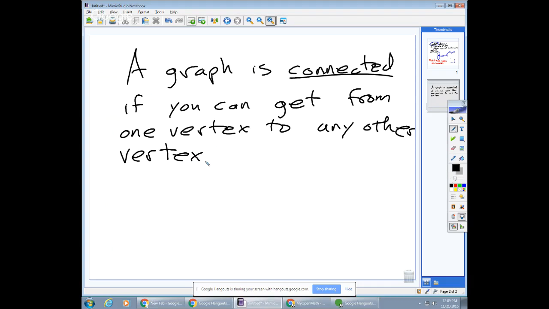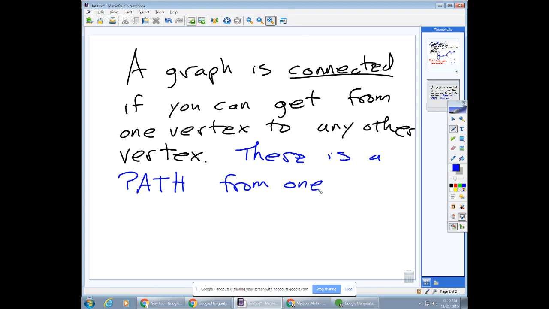Okay, another way to put that, there is a path from one vertex to any other.